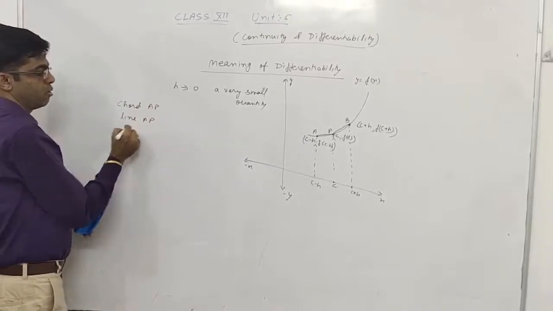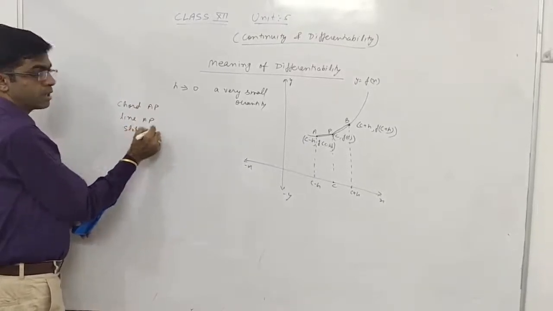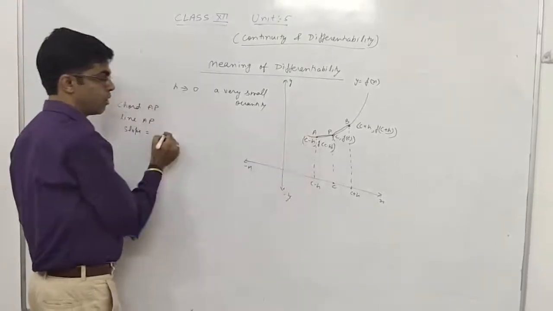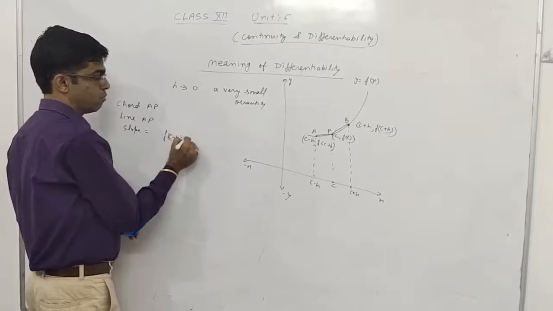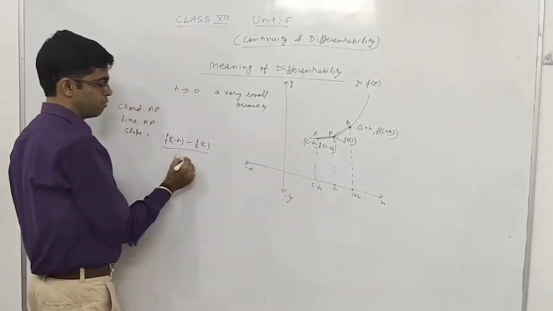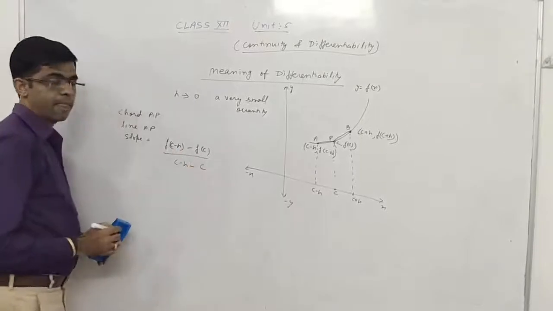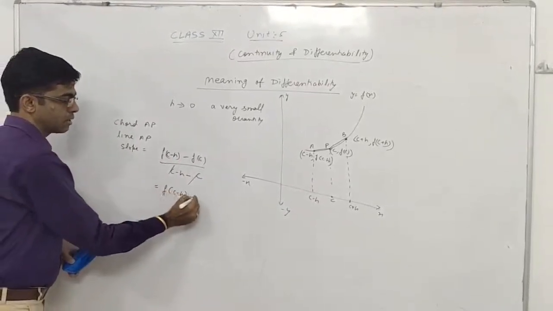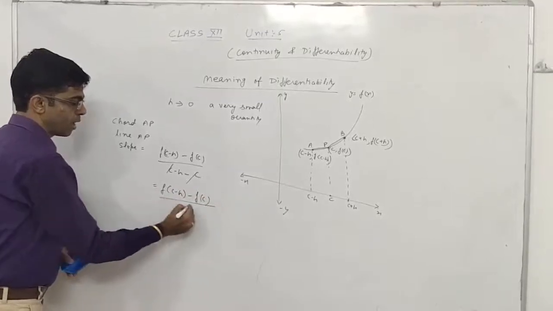So chord AP, or you can say line AP, the slope, you have already studied in class 11 how to find out the slope: y2 minus y1 upon x2 minus x1. So this is (f of c minus h minus f of c) upon minus h.